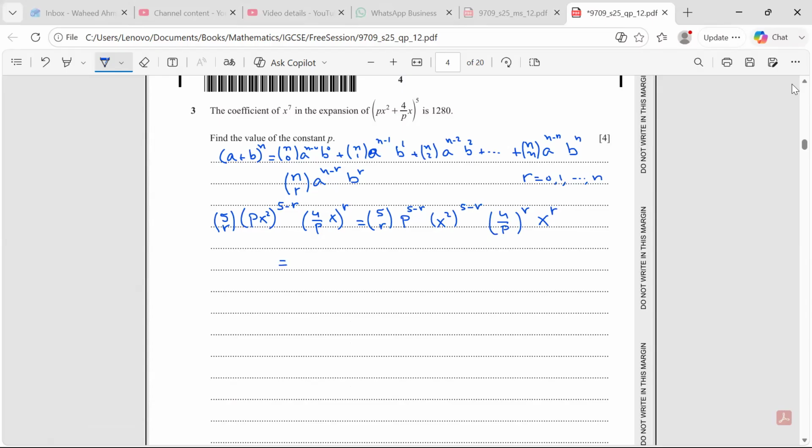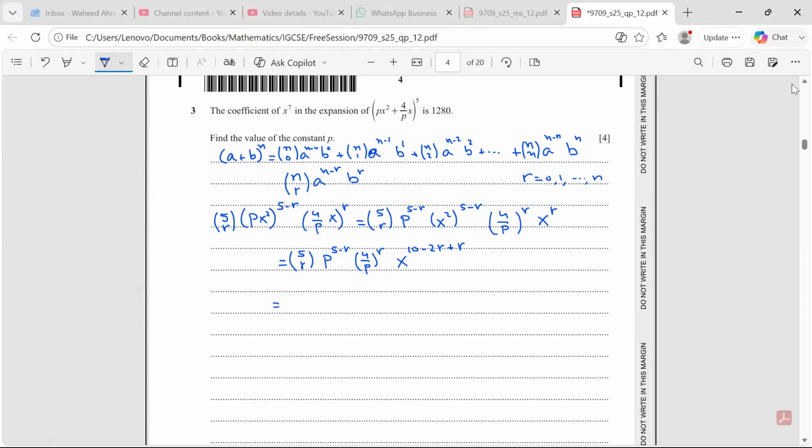Let me rearrange it a little bit: 5Cr, p^(5-r), and the last one is 4 over p^r, and x power is how much? x power is 10-2r, right? When I multiply this 2 with 5 and then 2r, and plus r.